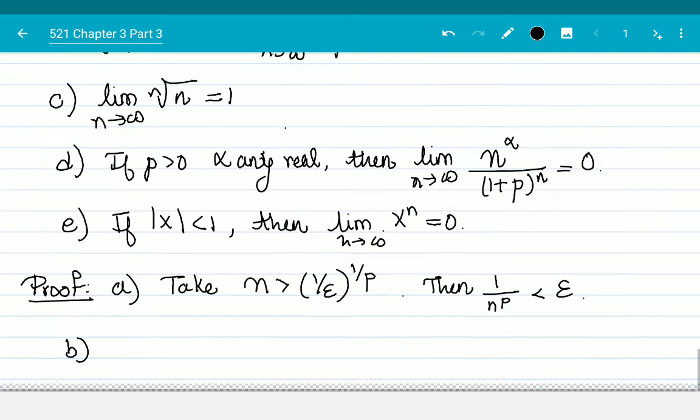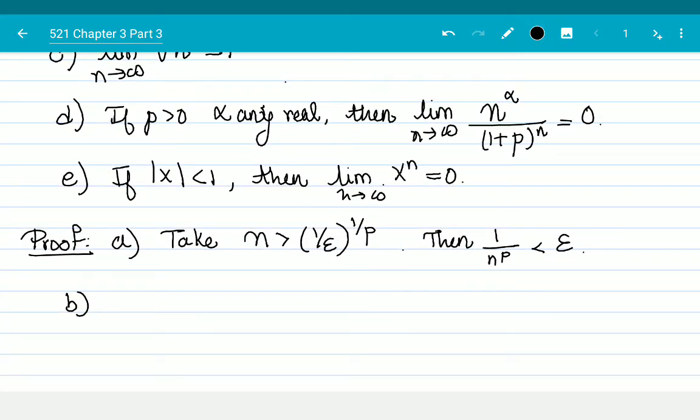B. If p is greater than 1, let xn be equal to the nth root of p minus 1. Then, well, if p is greater than 1, the nth root of p is going to be greater than 1.